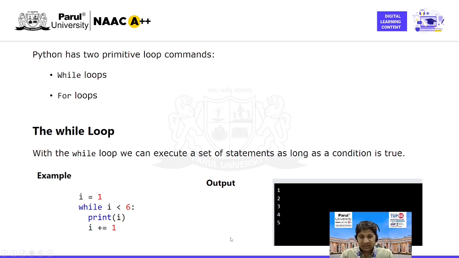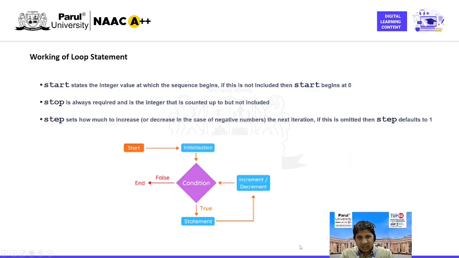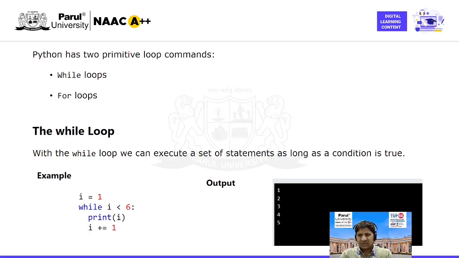Again check the condition. You can see the flowchart. If the condition is true, the statement executes, the value is incremented, and then again the condition will be checked. The same process is repeated until the given condition is false. Now i has become 2. Check the condition: 2 is less than 6?